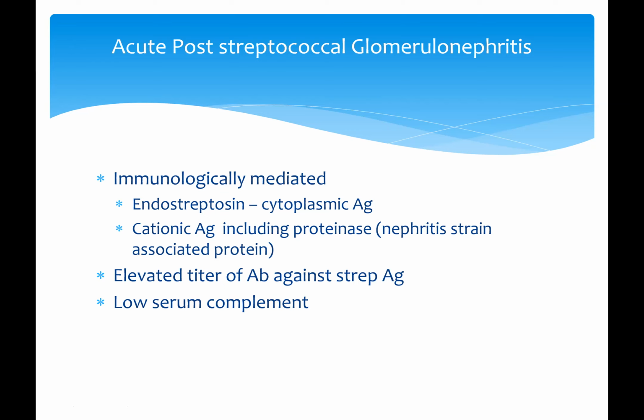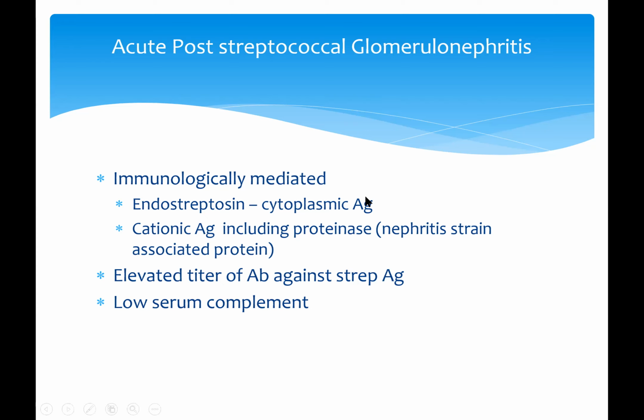More than 90% can be traced to types 12, 4, and 1, which can be identified by typing the M protein of the bacterial cell wall in the laboratory. So to diagnose, you can identify the organism. You can also have titers of antibody determination.